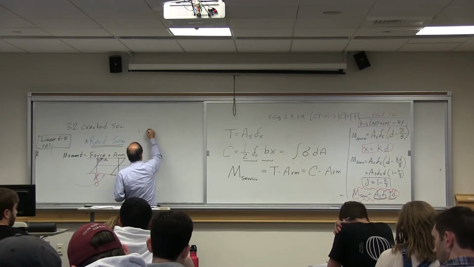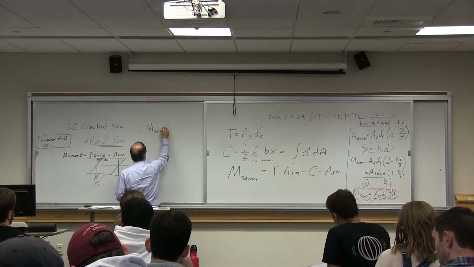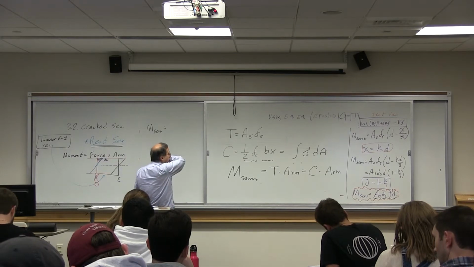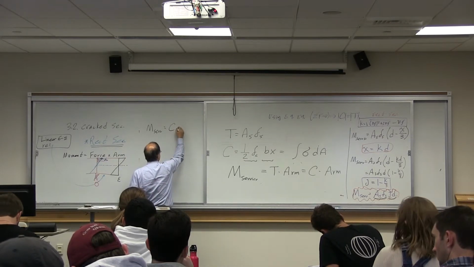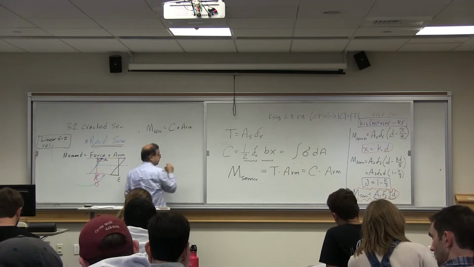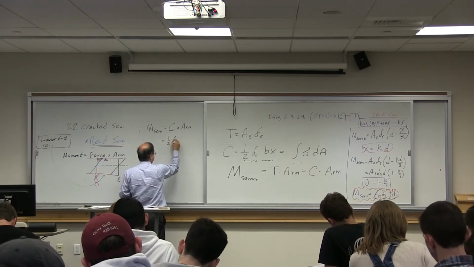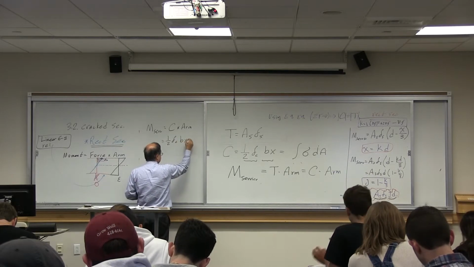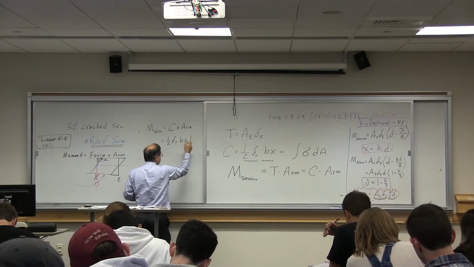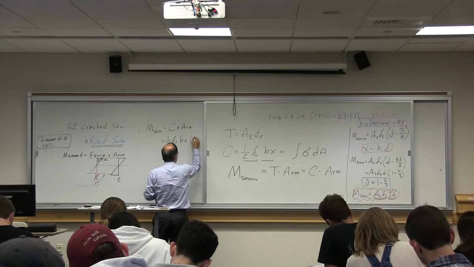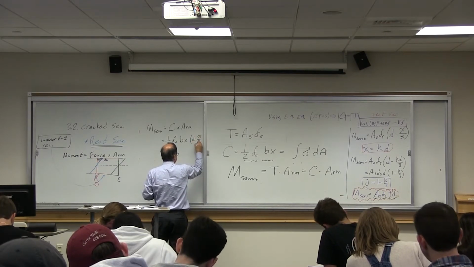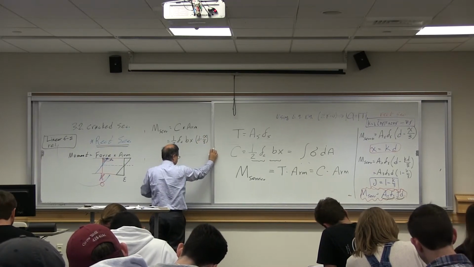M service is equal to C times R. C is equal to 1/2 of fc b x, times R, where R is d minus x divided by 3.